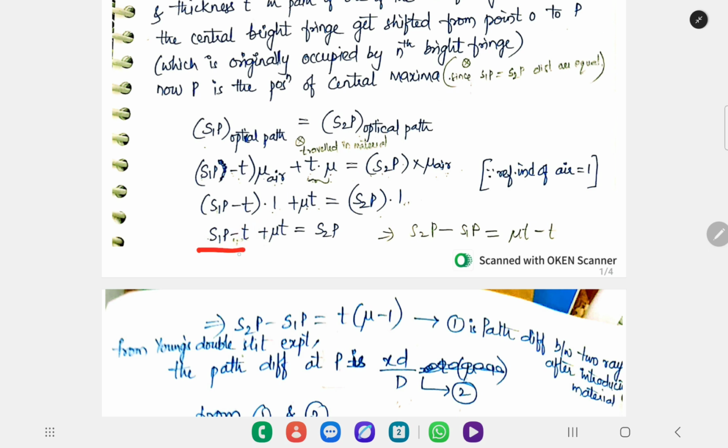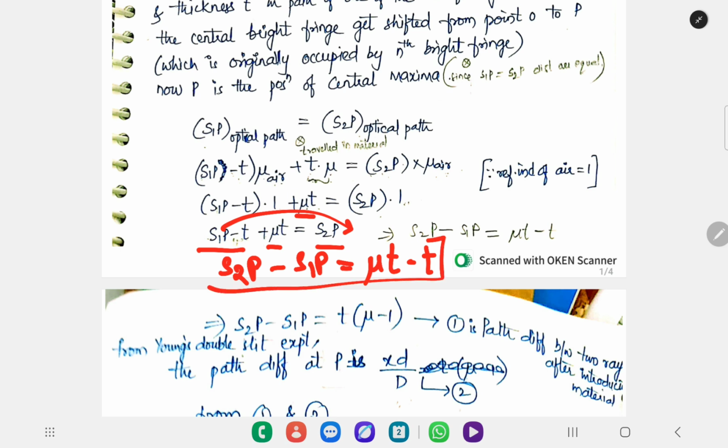Now S1P minus t plus mu t is equal to S2P. Sending this side, S2P minus S1P is equal to mu t minus t. Taking t common, t(mu minus 1). Let this be equation number 1.